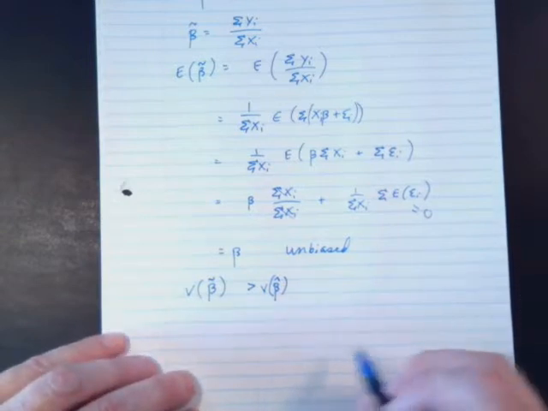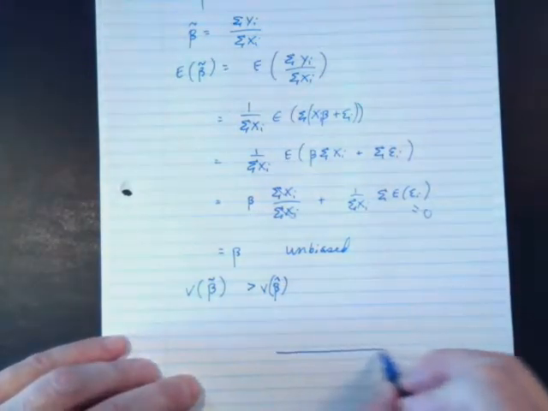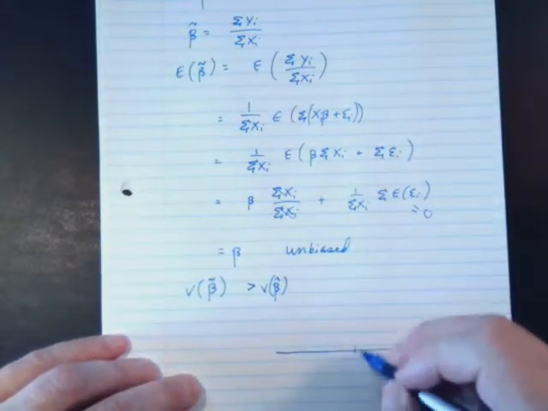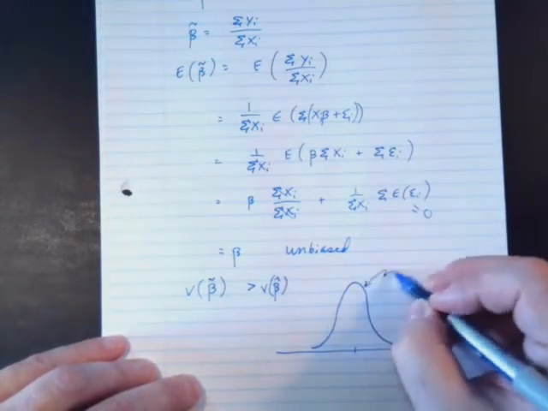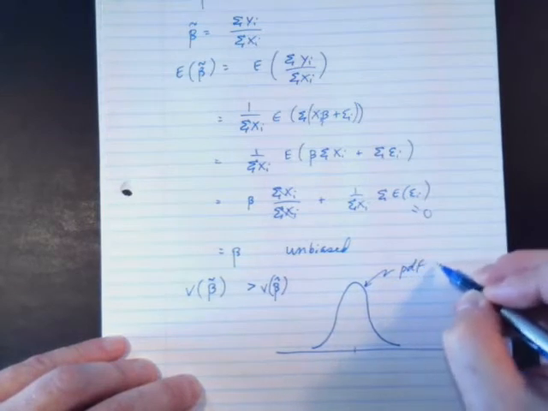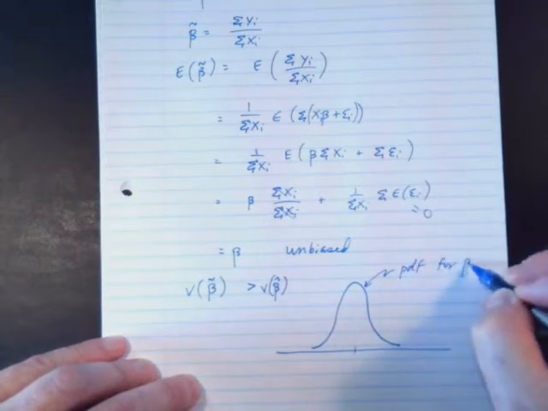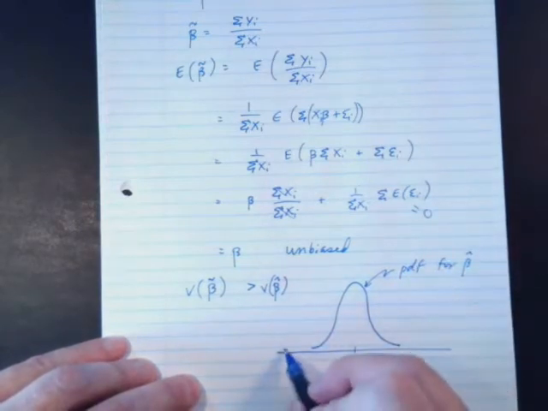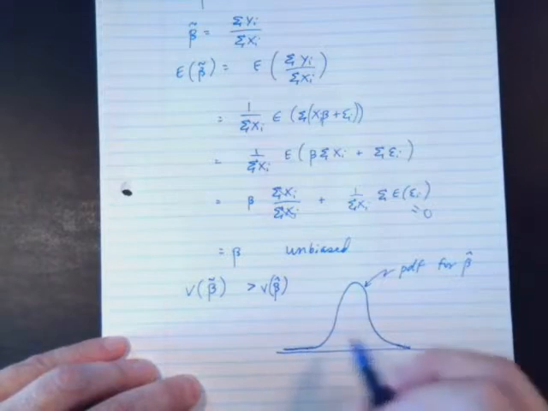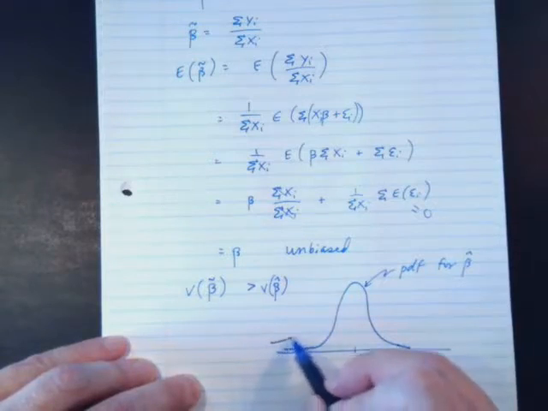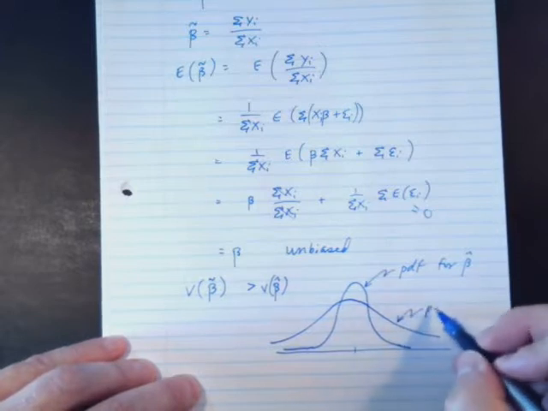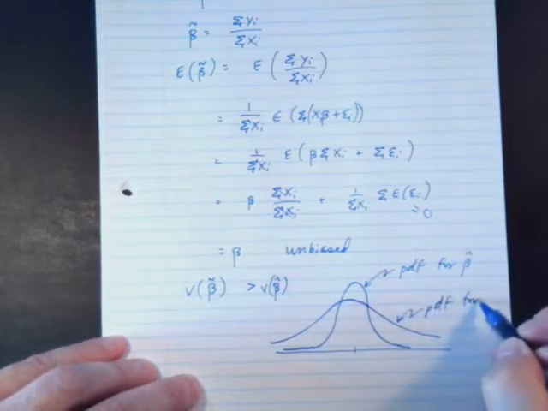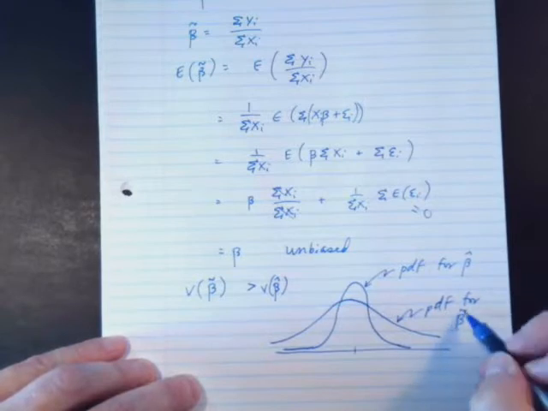Okay, so that means if we think of the distributions here, that's the PDF for beta hat, and that's the PDF for beta tilde.